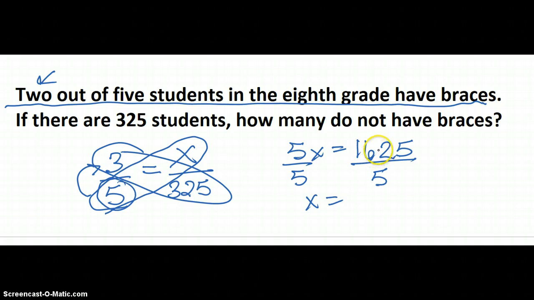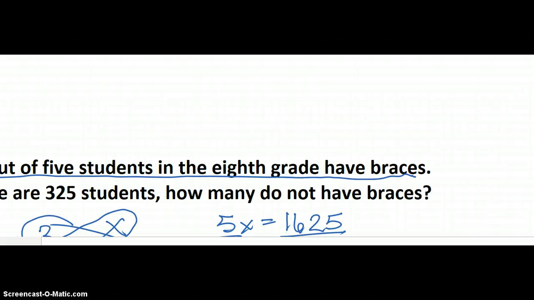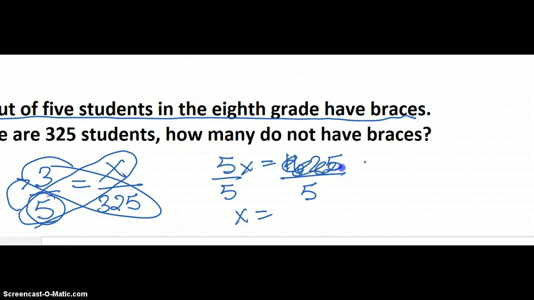Oh, this is wrong. I put something on my calculator wrong. Times 975. I don't know what I did there. 5x equals 975, divided by 5. That gives me 195 students.